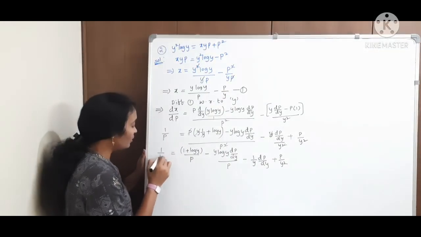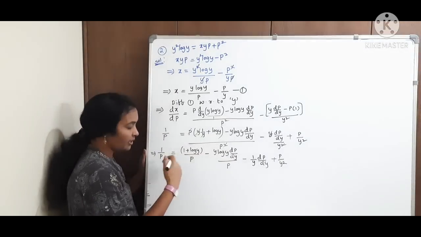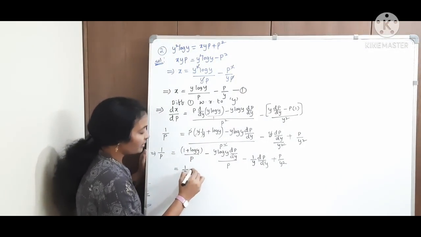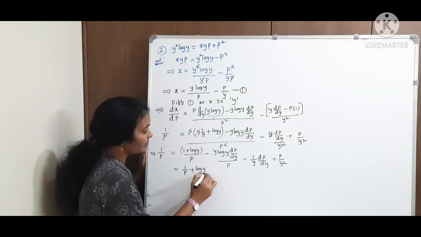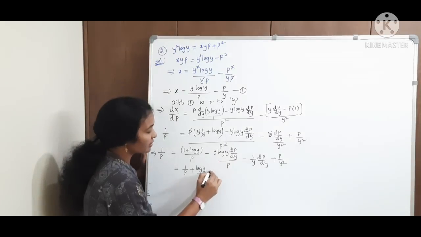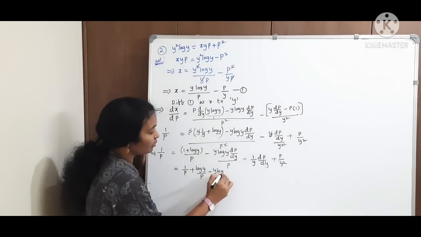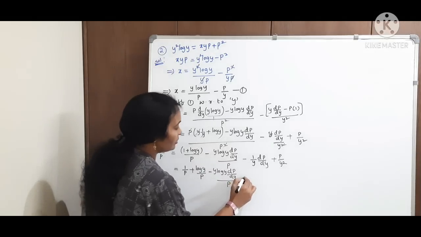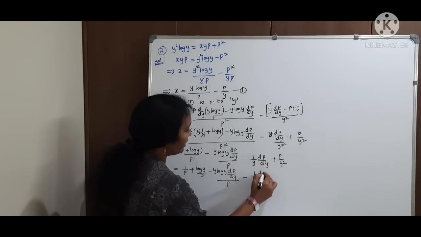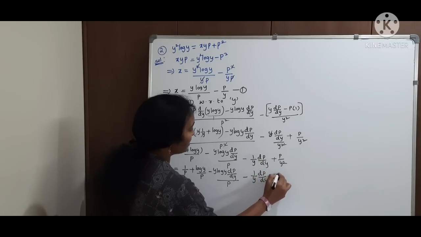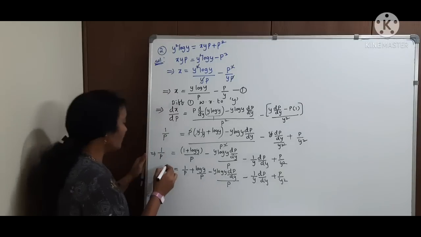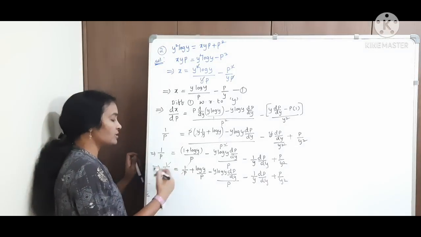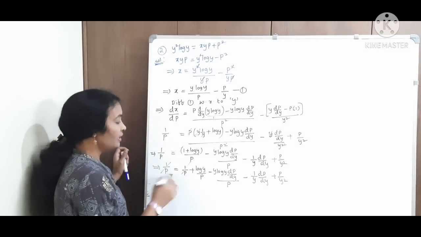Now I want to split this one. If I write this function split further, what does it become? First term is 1 by p, then the next one is log y by p, then the next one is, can we write anything more? No, you can write as it is, dp by dy upon p. Now this is 1 by y dp by dy plus p by y square. Listen carefully. Here on the LHS we are having 1 by p and on the RHS, both will get cancelled. If you take this term to that side, this will become negative, right? Then both get cancelled.